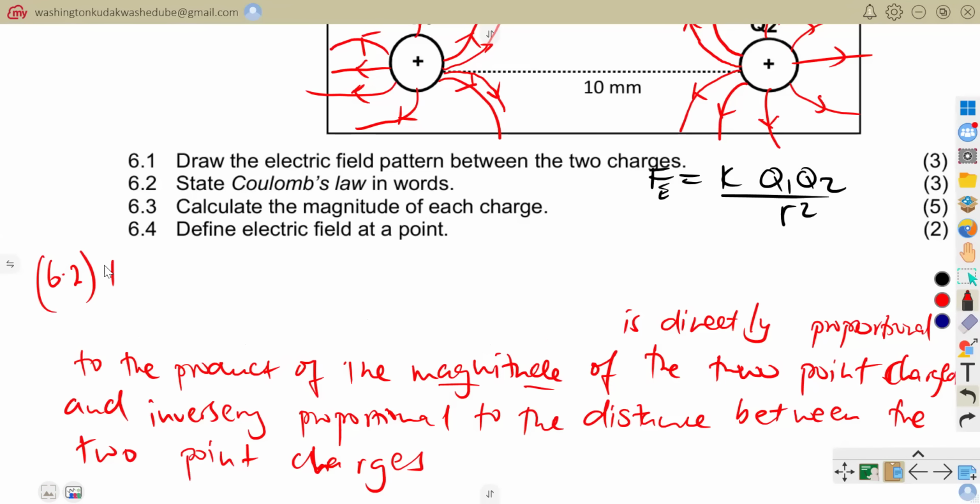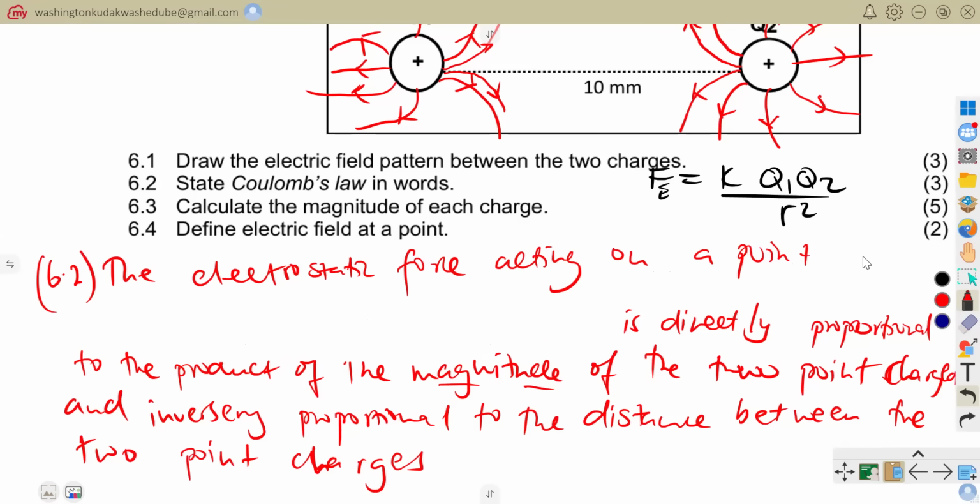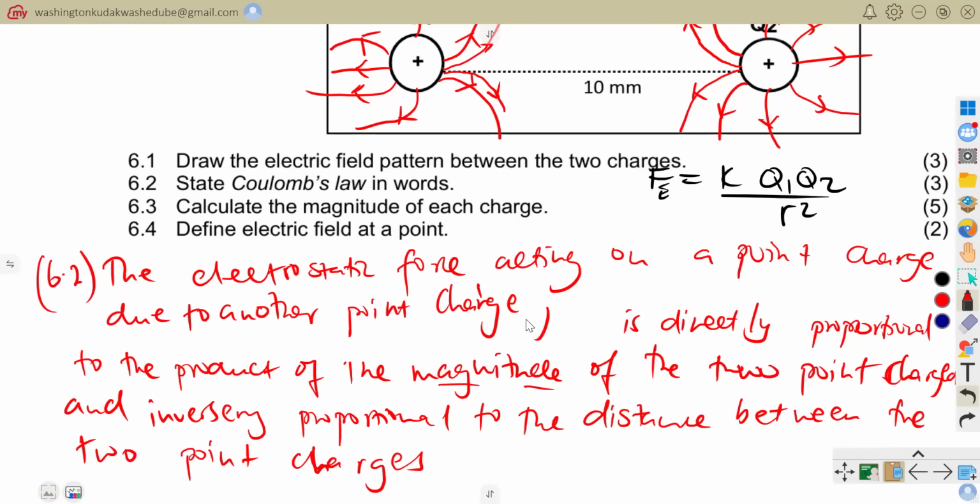So you come and say the electrostatic force acting on a point charge due to another point charge is directly proportional to the product of the magnitude of the 2-point charges and inversely proportional to the distance between the 2-point charges.